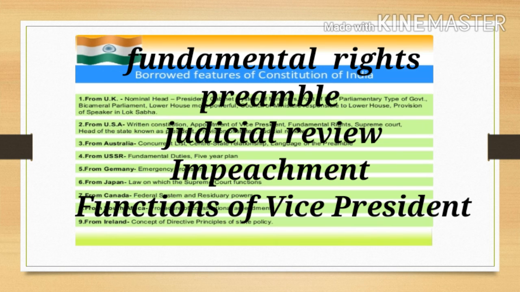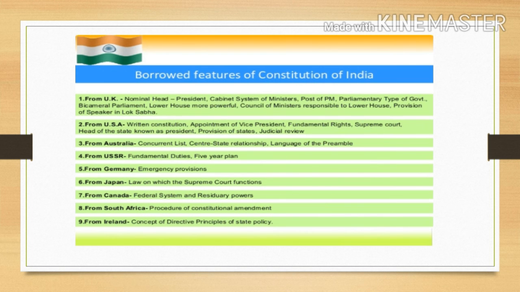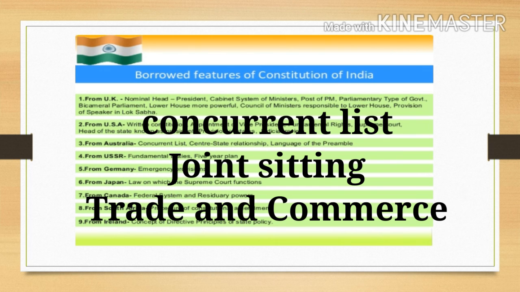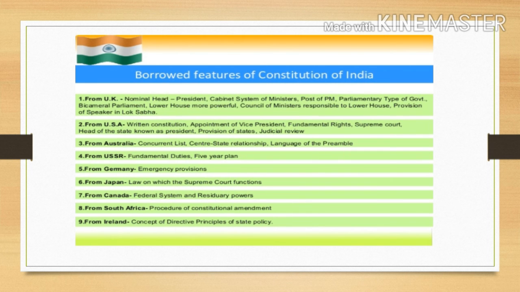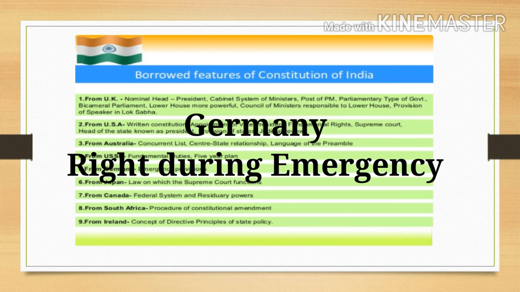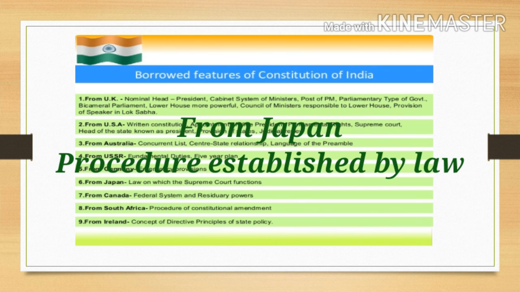So, the written Constitution we borrowed from USA. From Australia: concurrent list, centre-state relationship, language of the preamble. From USSR: fundamental duties, 5-year plan. From Germany: emergency provisions. From Japan: law on which the Supreme Court functions.